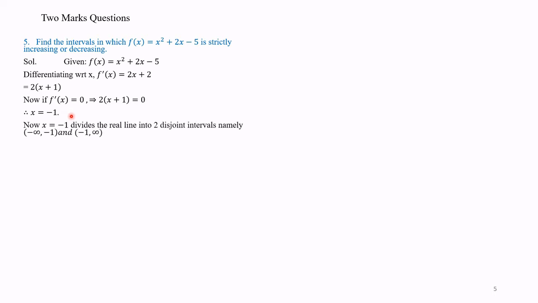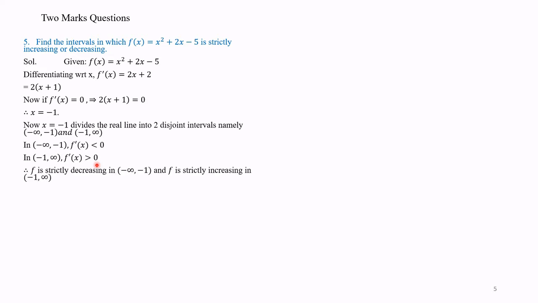So, x equal to minus 1 divides the real line into two disjoint intervals, namely minus infinity to minus 1 and minus 1 to plus infinity. In the interval minus infinity to minus 1, f dash x is less than 0, and in minus 1 to plus infinity, f dash x is greater than 0.